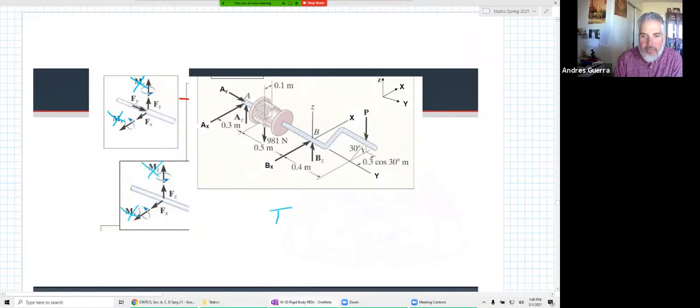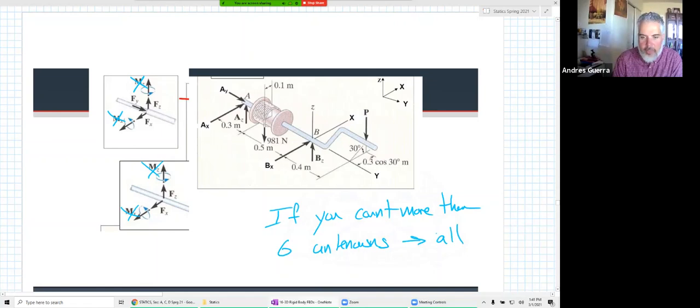So if you count the number of unknowns, you can write this down, more than 6 unknowns, all the moments go away. All the M's go away. We do not include them when we draw our FBD.